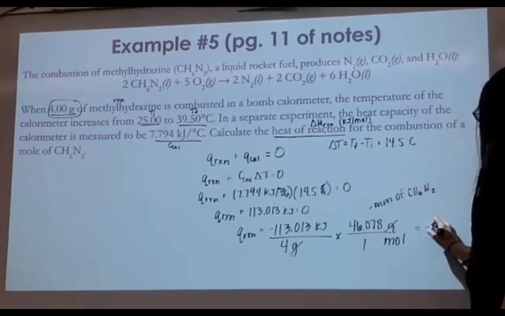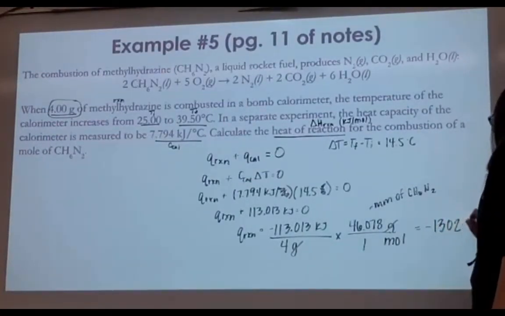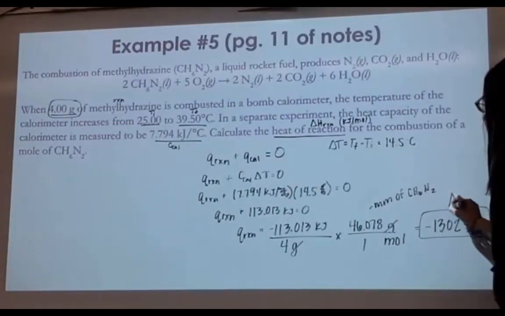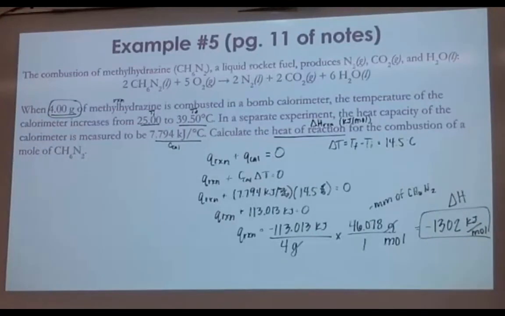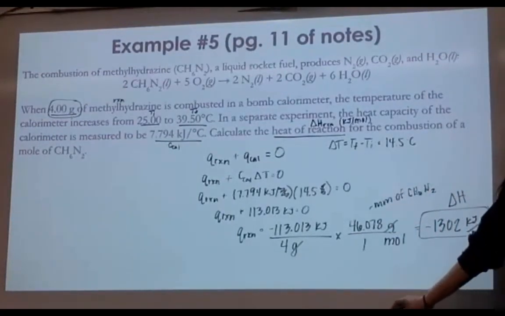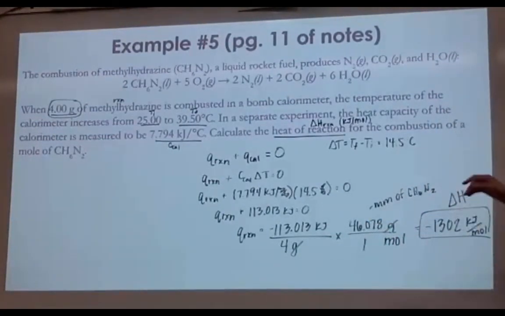I got negative 1302 kilojoules per mole. This is delta H. The only difference between Q and delta H is the units. Q is just how much heat is released when 4 grams is combusted. Delta H wants to know what is the heat of reaction per mole of this reactant.